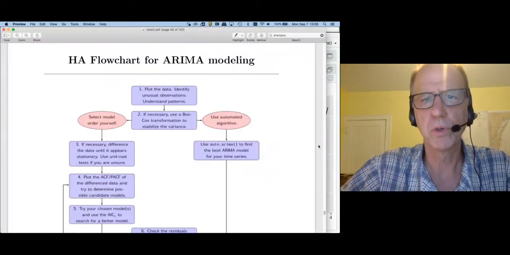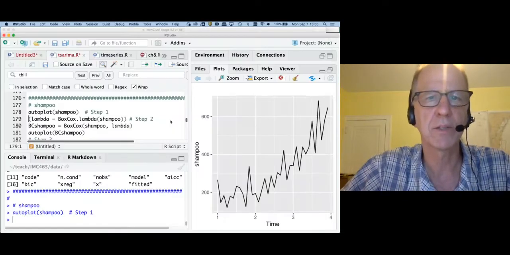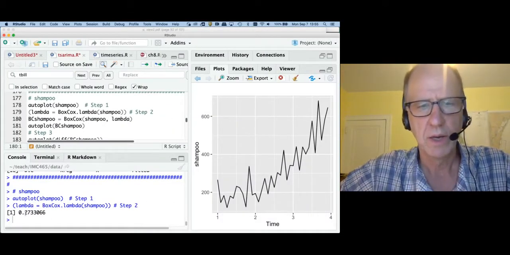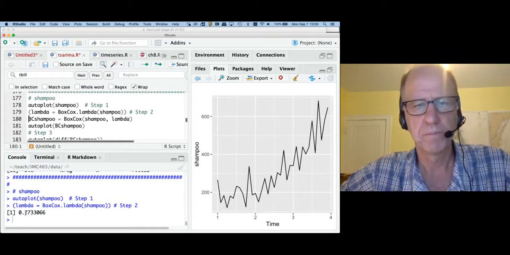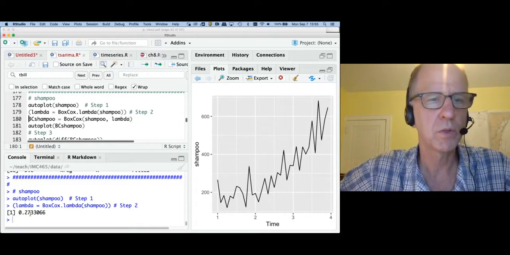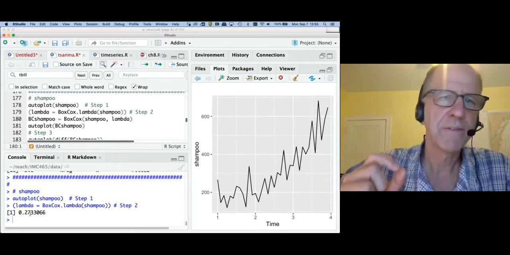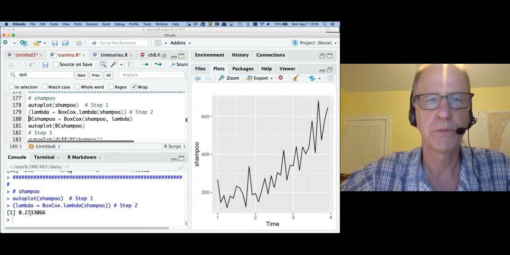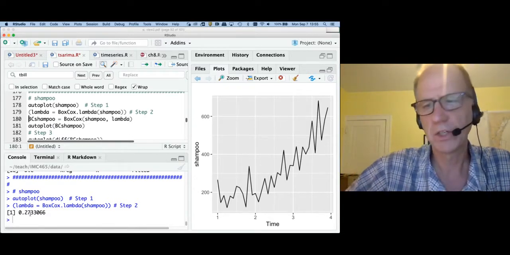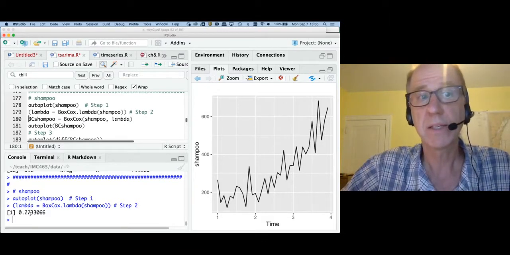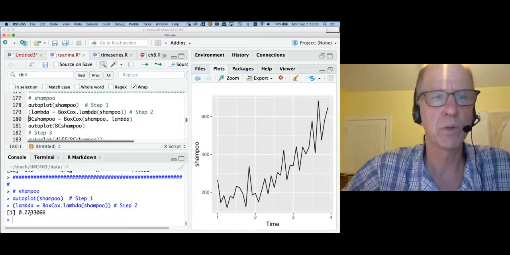So step 2 is to see if we need a Box-Cox transformation. And what we see is that the automatic Box-Cox procedure wants to choose a value around 0.27. Remember that if this were 0, that would be a log function, while if it were 1, that would mean no transformation. This function is saying we're probably better off taking a transformation, and that's exactly what we did back when we covered Holt's method.